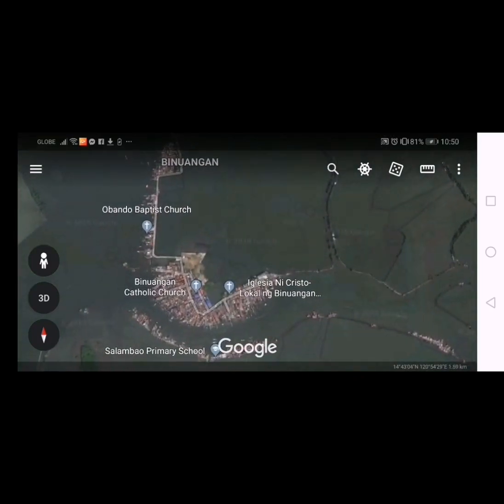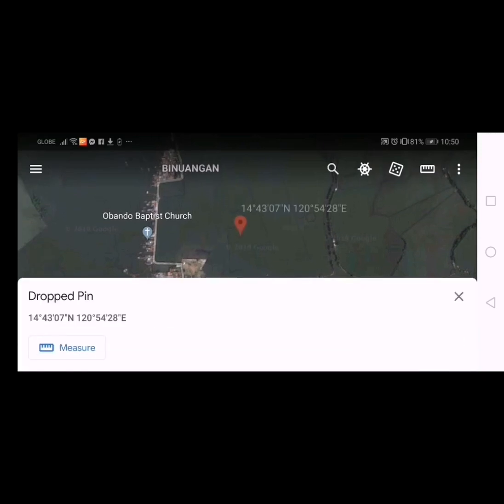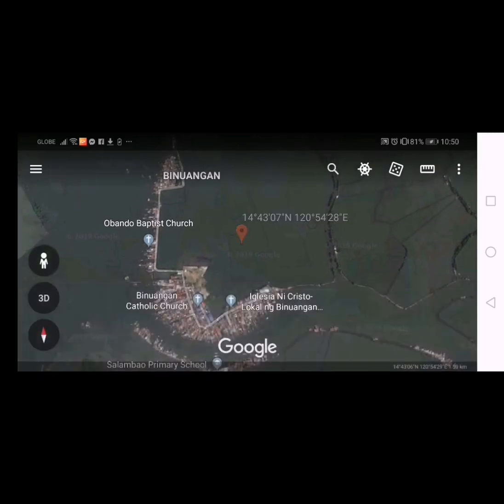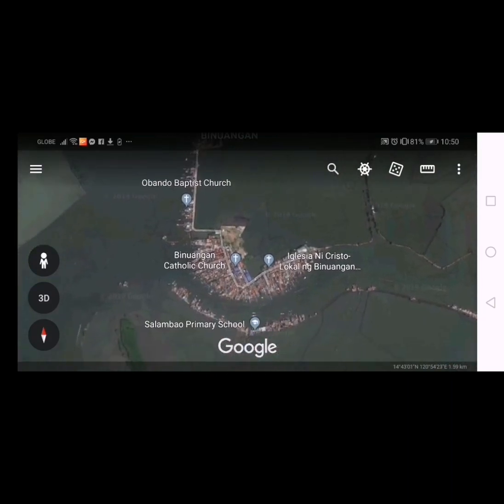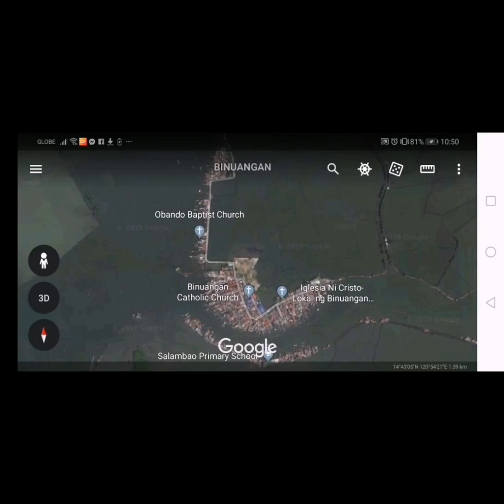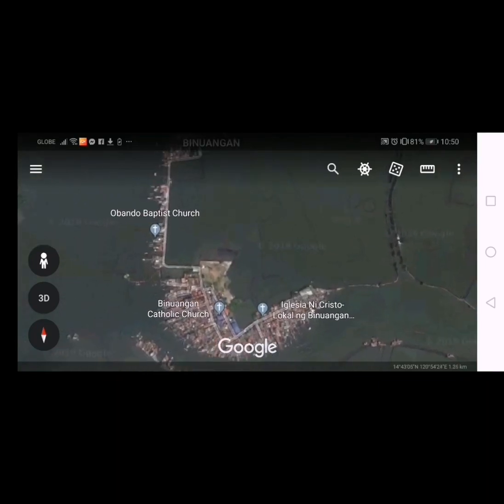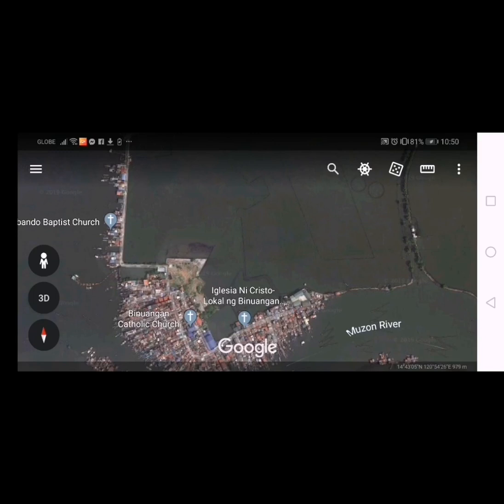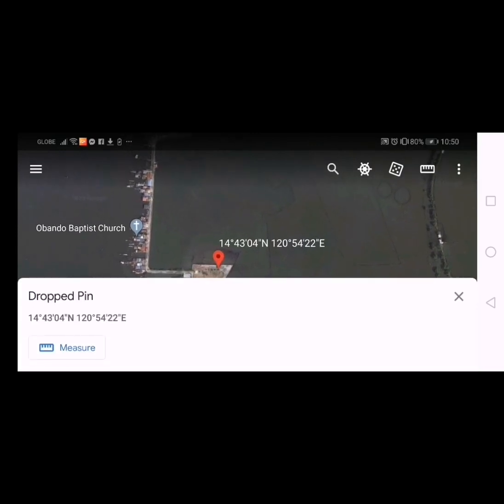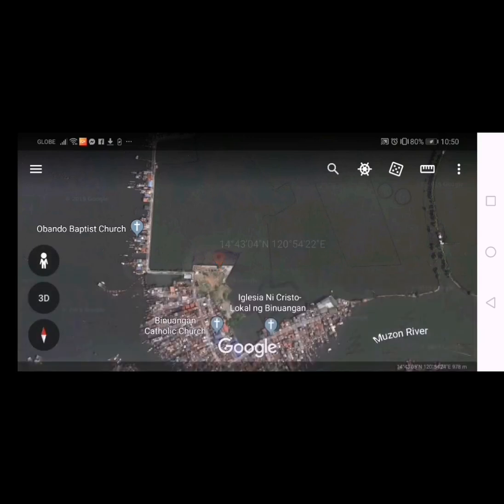Locals there call it an island, but if you look at it on Google Earth, it's obviously not a natural island formation. It's man-made because it has straight lines and 90-degree angles, and there are signs that it is not really an island.